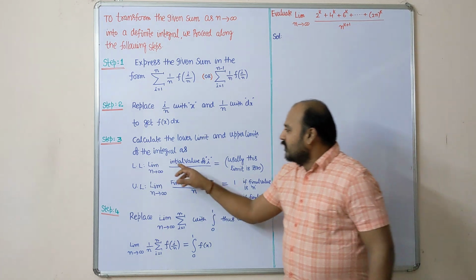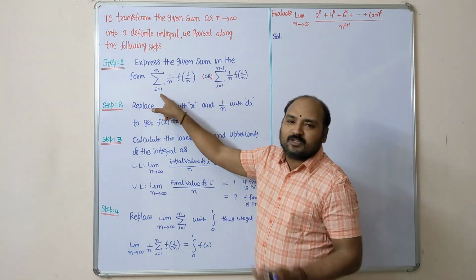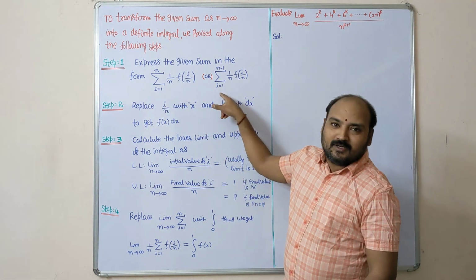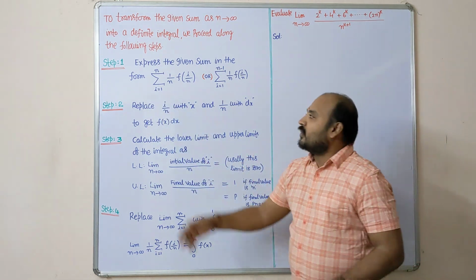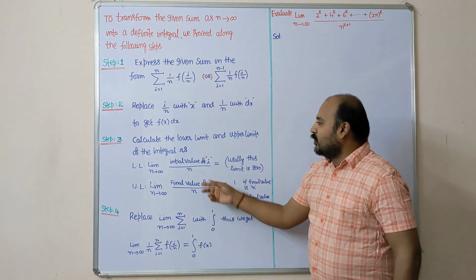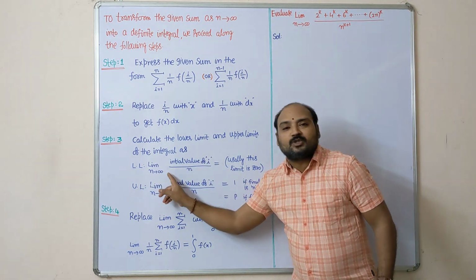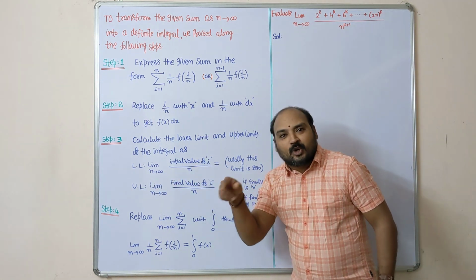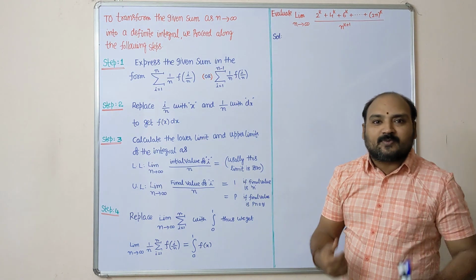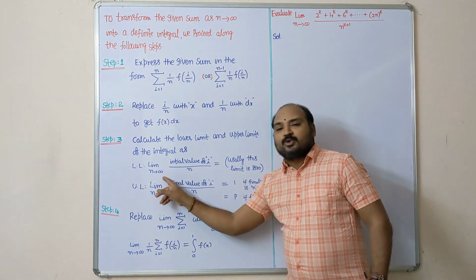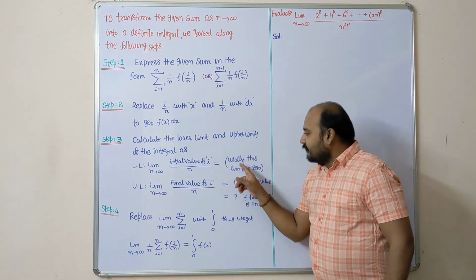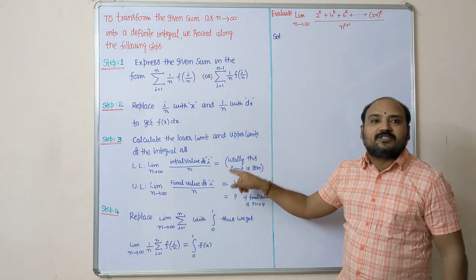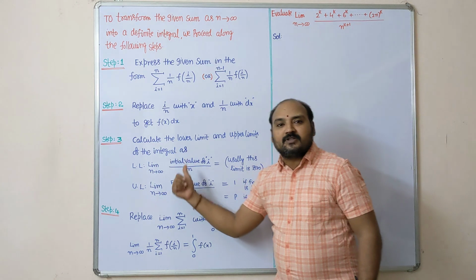The initial value is always i equal to 1, so 1 by n, as n tends to infinity, 1 by n tends to 0. In limits, first year mathematics 1B, we learned that as n tends to infinity, 1 by n tends to 0. So that's the reason usually this limit is 0. Lower limit becomes 0.